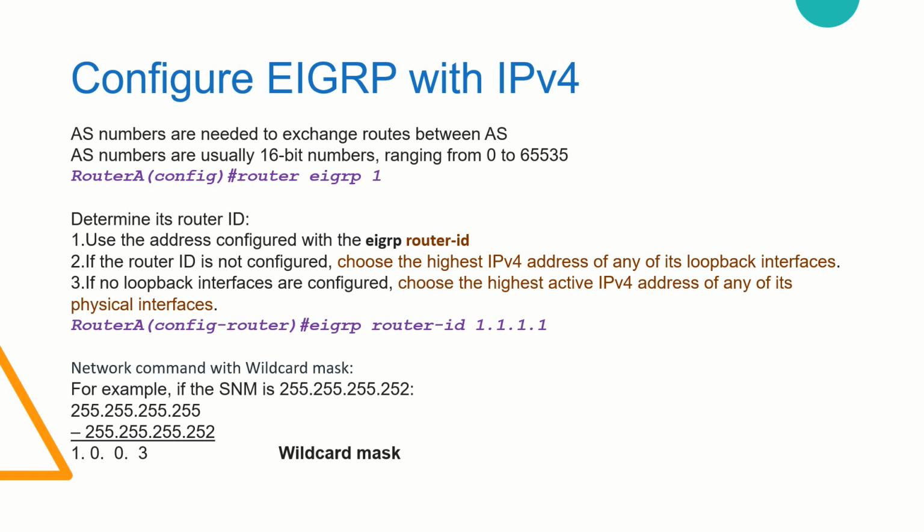The AS number should be the same for all the routers in the network, and the AS functions as a process ID. And how to determine its router ID?